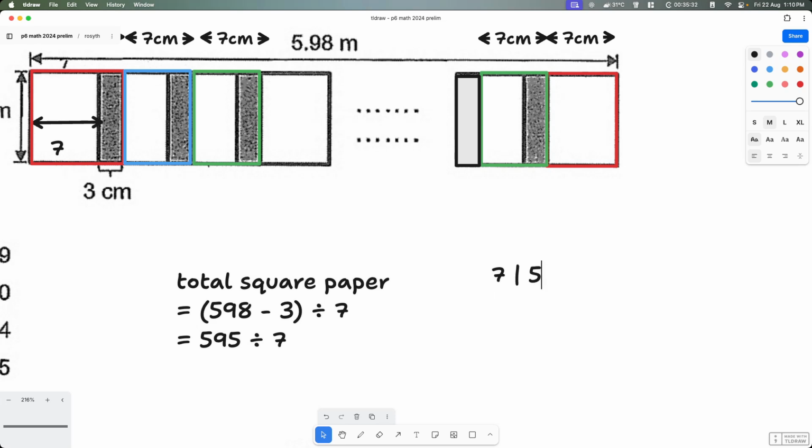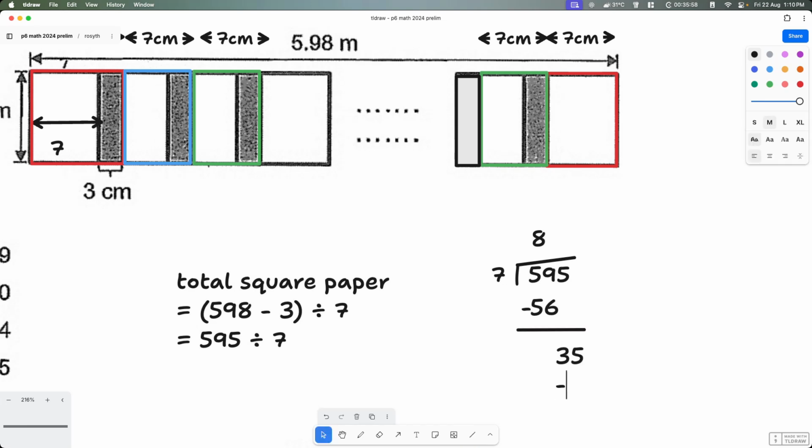Okay, so 595 divided by 7. Let's have 7. This will be 56. Minus, this is 8. 7 times 6 is 56. So minus 56. So this will then become 35.